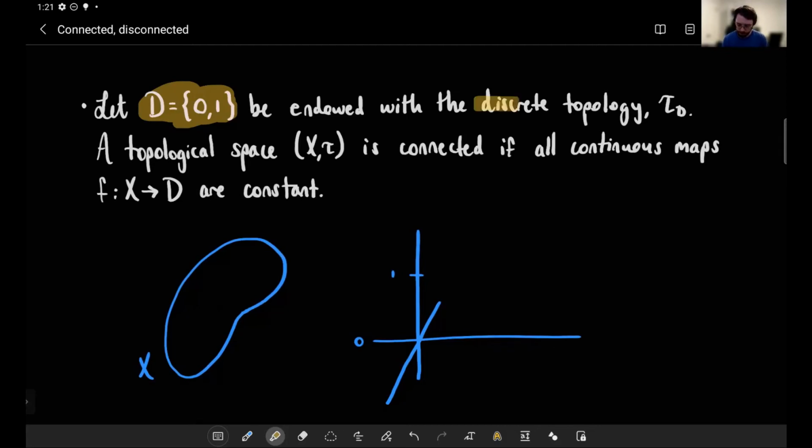And we're going to endow this with the discrete topology, which I'll call tau sub D. Remember, the discrete topology means every subset of D is open. So the empty set's open, the whole space is open, the singletons 0 and 1 are open. I think it's worth writing that down.